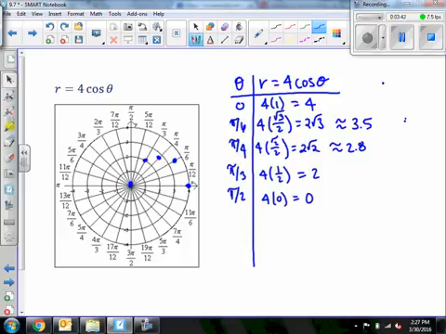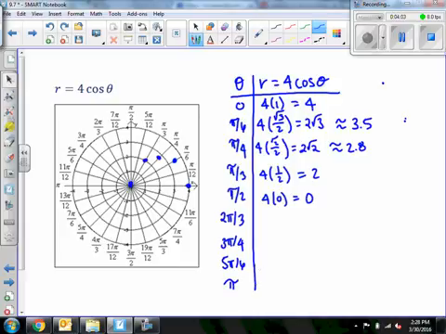The problem is this isn't enough points to accurately show us everything we need to see. So we need to plug in some more points here. If I were to keep going and plug in 2 pi 3rds and 3 pi 4ths and 5 pi 6 and then pi. Let's just go from 0 to pi.